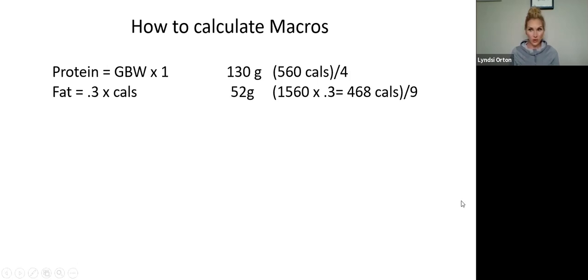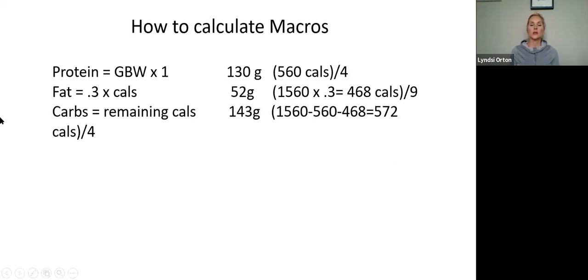So now that we have those numbers figured out, we're going to be consuming 130 grams of protein. We're going to be consuming 52 grams of fat. Now we have to figure out our carbs. So that's the last step. So your carbs are going to come from the remaining amount of calories that we have left.